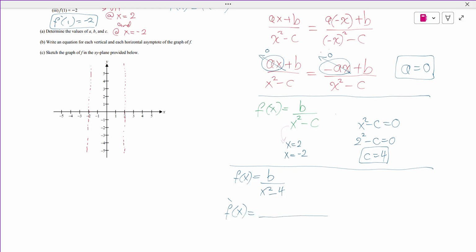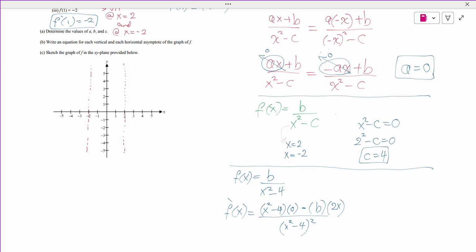The quotient rule here, we have the denominator squared, and on top we have the denominator x squared minus 4 times the derivative of the numerator, which is 0. The derivative of b is 0, minus bracket the numerator, which is b, times the derivative of the denominator, which is 2x.